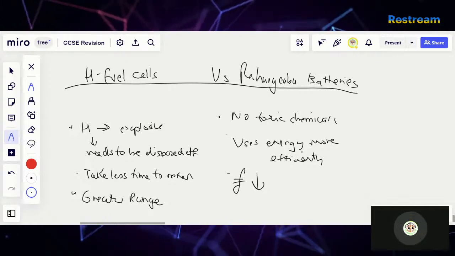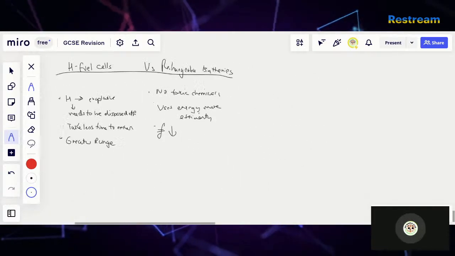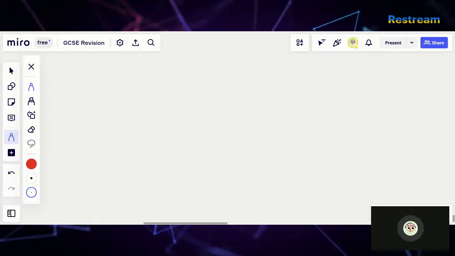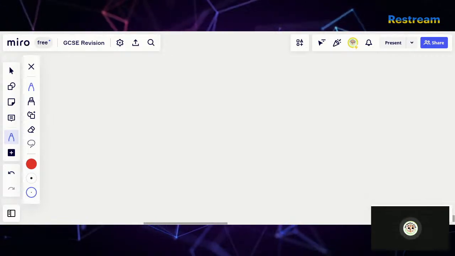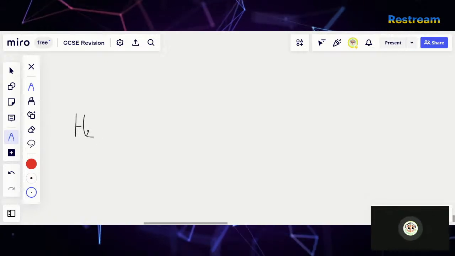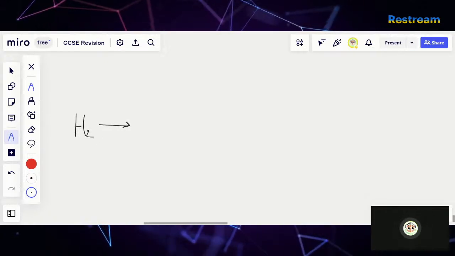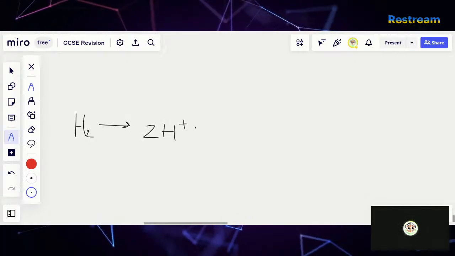Oh, but just another thing before we move on, because I don't want you to be without any information. So, you will always be asked about these equations, which is for electrolysis. So, what happens at the different electrodes? So, your hydrogen becomes 2H+ plus 2e-.